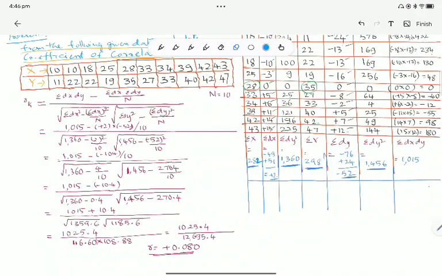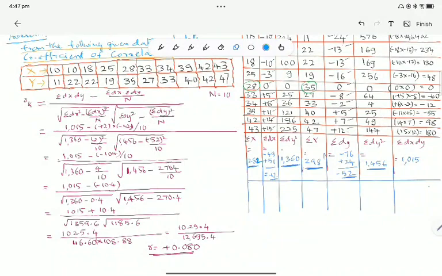Substitute here, minus sigma dx value, in the bracket write plus 2, into sigma dy value, minus 52, in the bracket, divided by n, which is 10, all divided by under root of sigma dx square, here 1360, minus sigma dx whole square, plus 2 whole square by 10, into under root of sigma dy square value 1456 minus sigma dy whole square, sigma dy value minus 52, minus 52 whole square divided by 10.